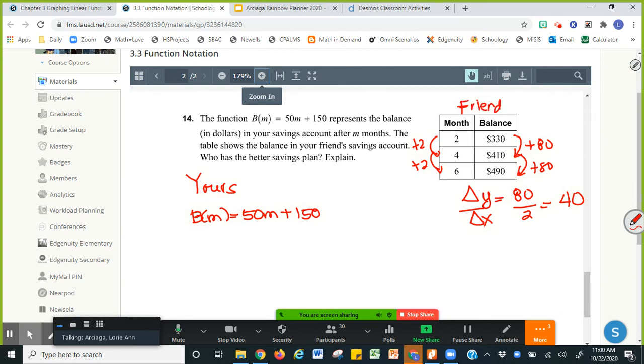Did you read the problem previously? The table shows your friend's savings account. This is yours. So your savings is the function, your friend's savings is the table. So Louise is right. Your friend is saving $40 every month. What about you? How much are you saving every month?